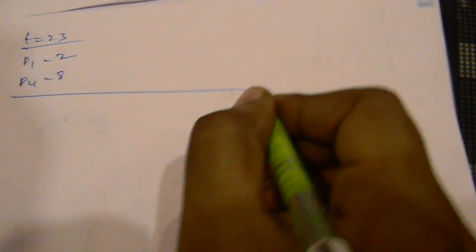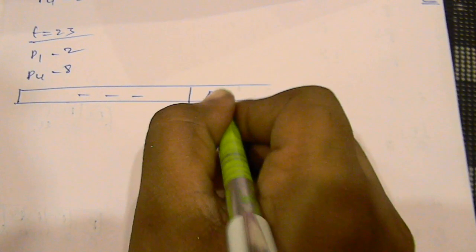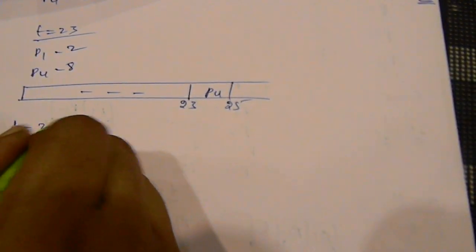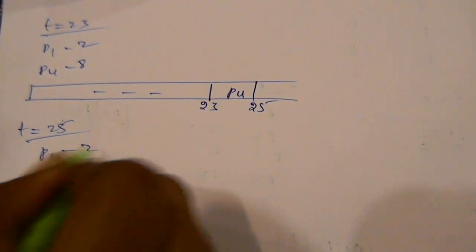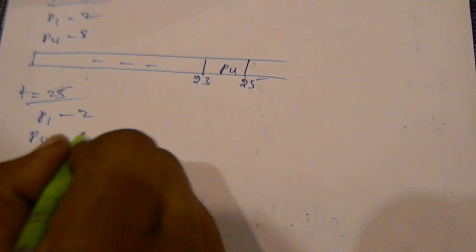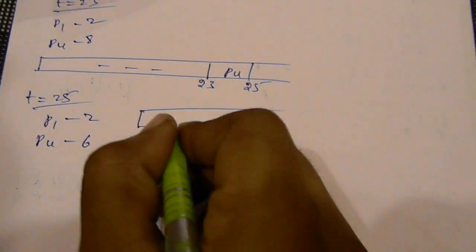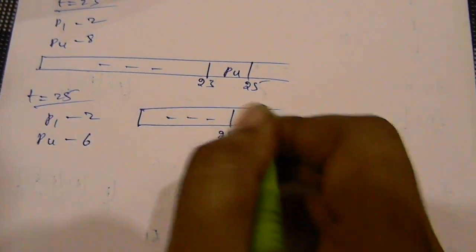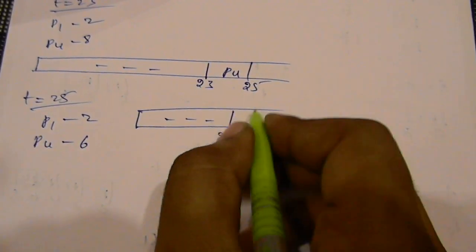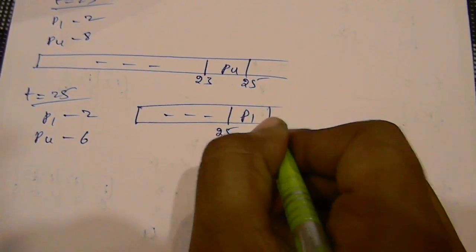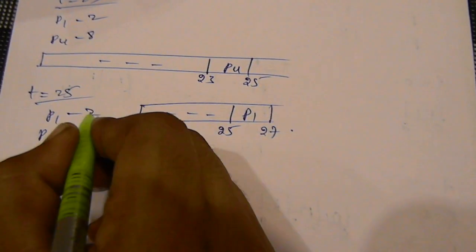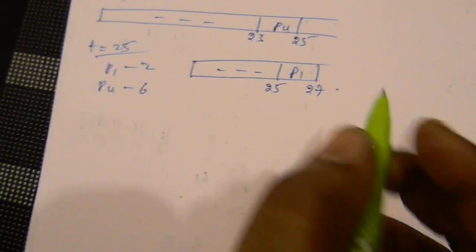Now P4 starts its execution from 23 milliseconds, up to 25. At t equals 25, P4 has 6 milliseconds. P1 comes to execution and completes its execution, because its remaining time was 2 and the time quantum was also 2.